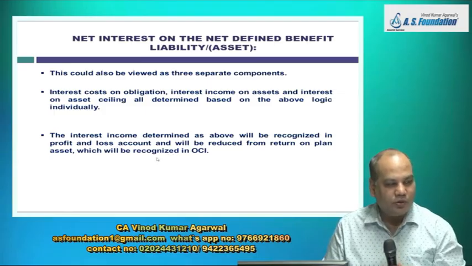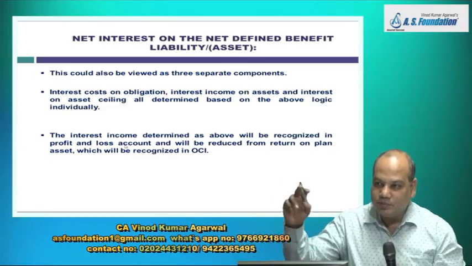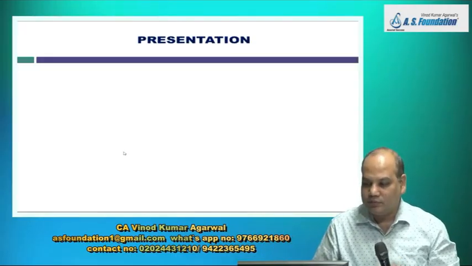In OCI, we show 3 items: actuarial gain and loss, return on plan asset except the interest shown as income in the P&L account, and the third was the effect of asset ceiling.